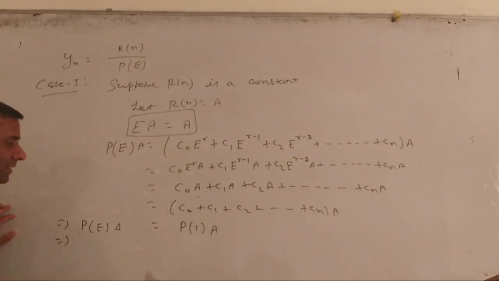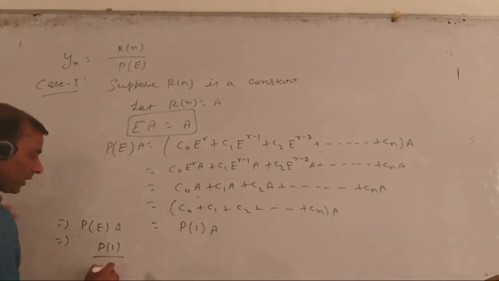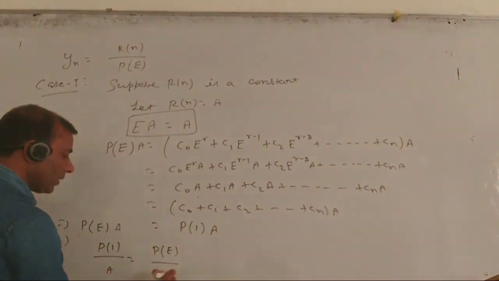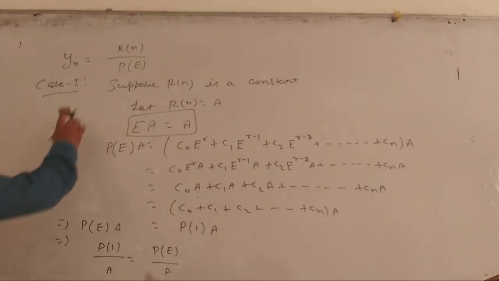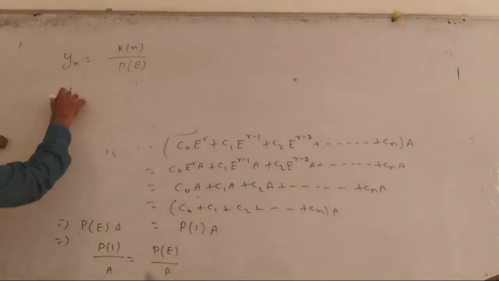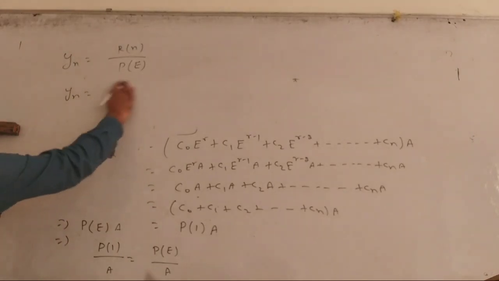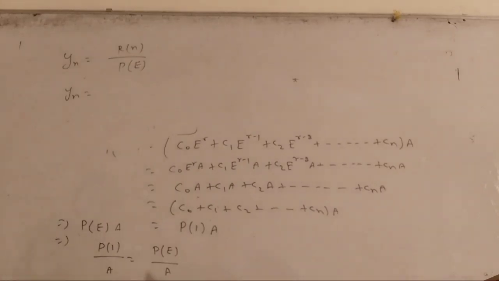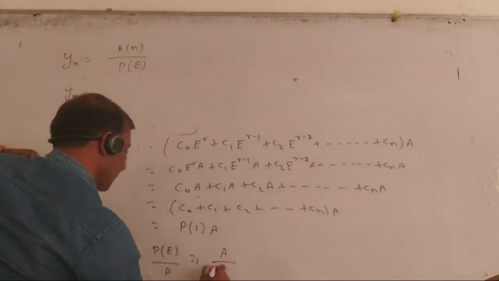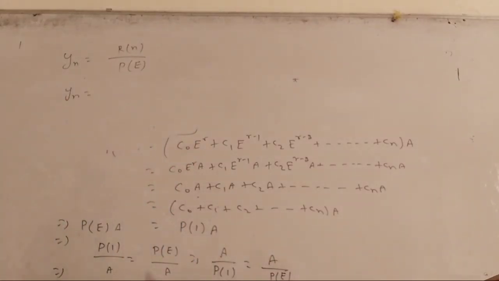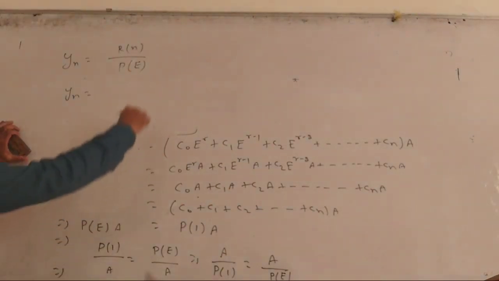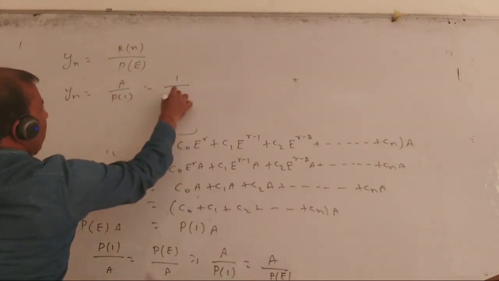It can also be rewritten as a upon P of E equals a upon P of 1. So y of n can be written as a by P of 1, that is 1 by P of 1 into a.